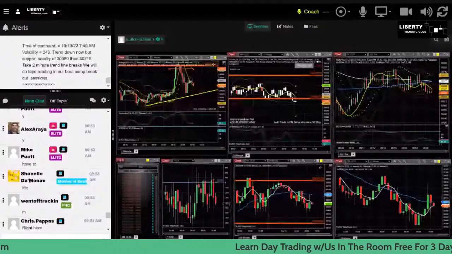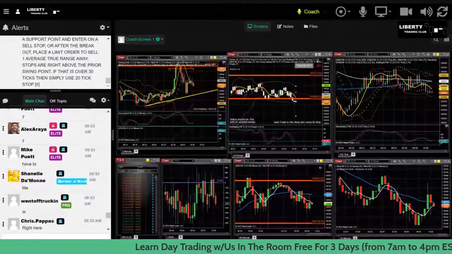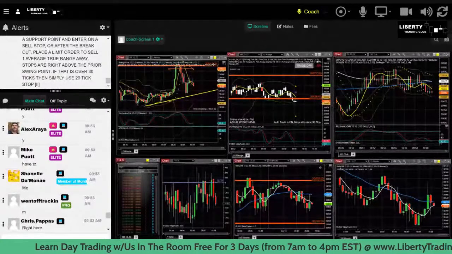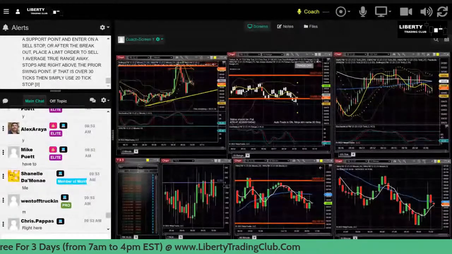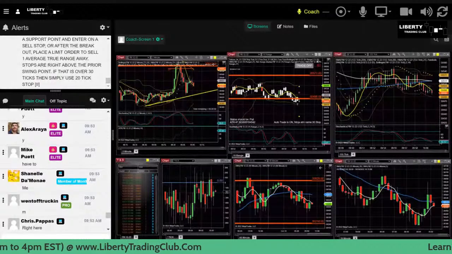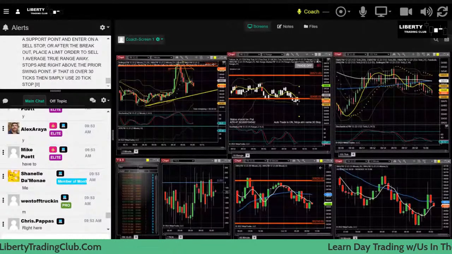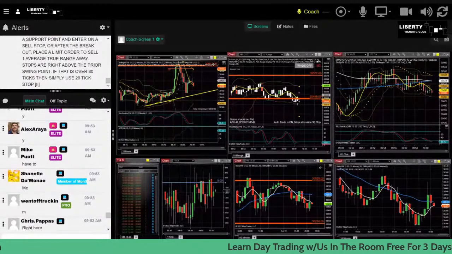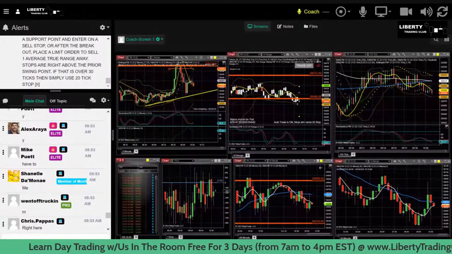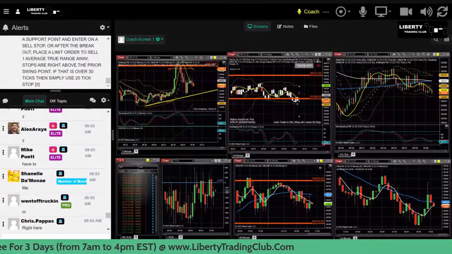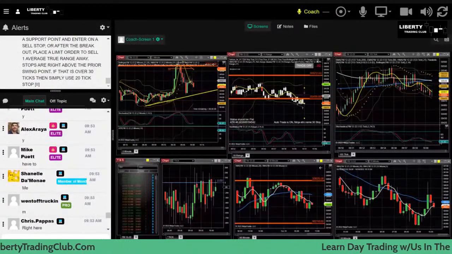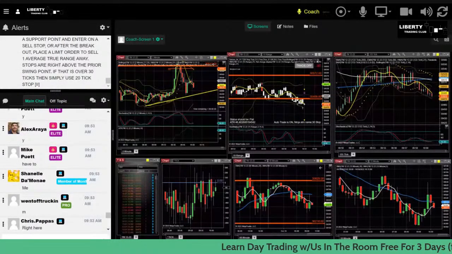Next little one broke at 498. In other words, it's like a break of a double bottom. 484, there's your target. Your second target.